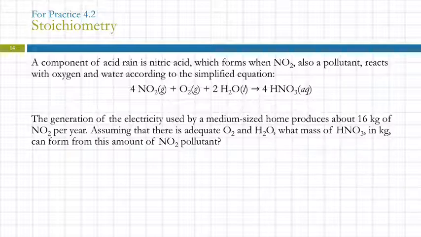Lots of words. When I was in school, we called these story problems. Right? That's friendlier sounding than word problems. Life is full of word problems. Anything practical is a word problem. So we always need the balanced chemical equation.